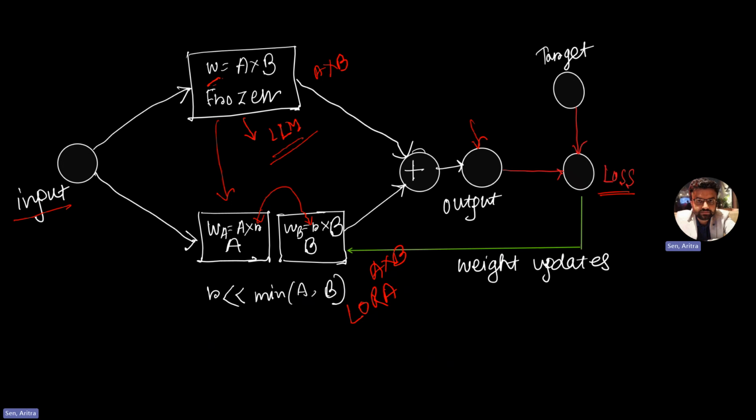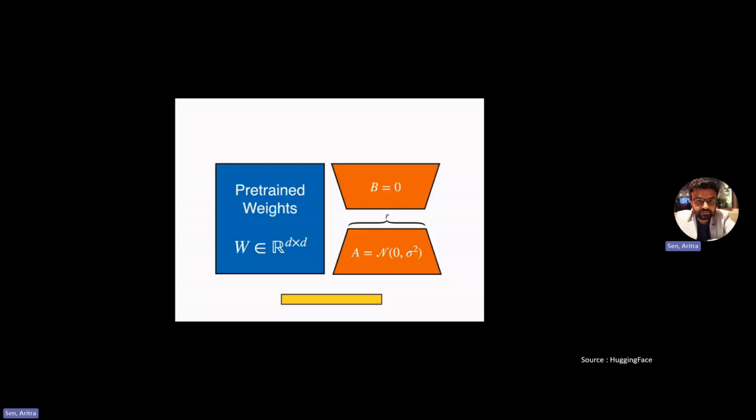So we will do the weight updates only in this path of WA and WB, and with that, we will fine tune our model with a very small number of parameters, as I mentioned in the previous example, as close as 30% of my original weight matrices size, or the model parameters which we have.